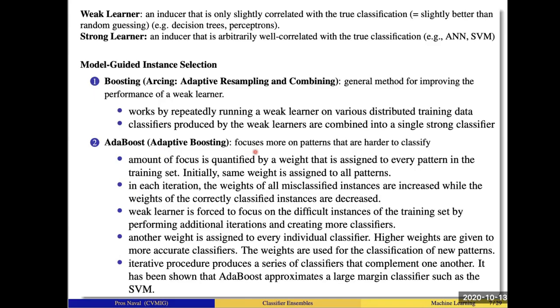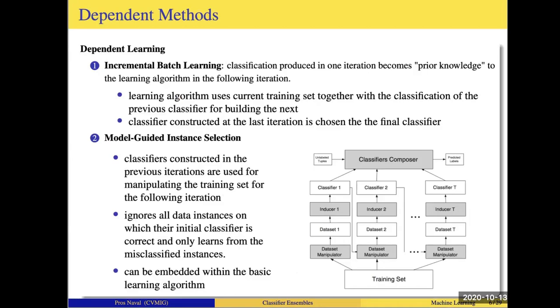AdaBoost focuses on patterns that are harder to classify. In other words, going back to this diagram here, when the first inducer produces the classifier, it's of course evaluated on some validation set. The validation set will tell you which ones are not properly classified by classifier 1. And these misclassified ones will be given emphasis by the second classifier.